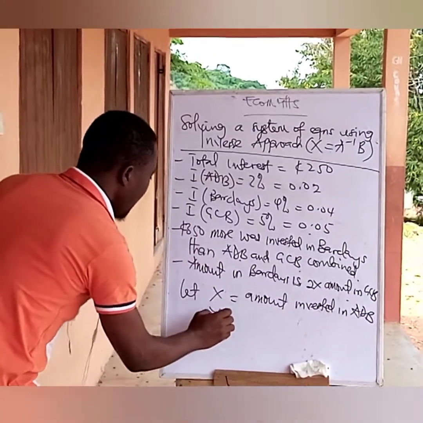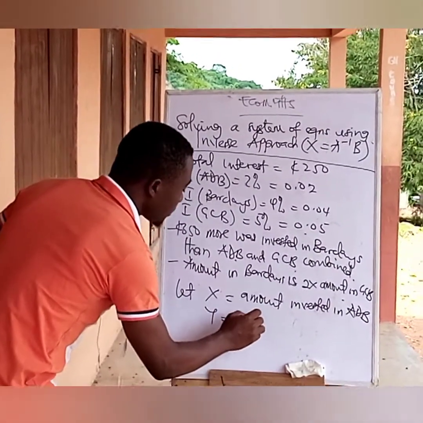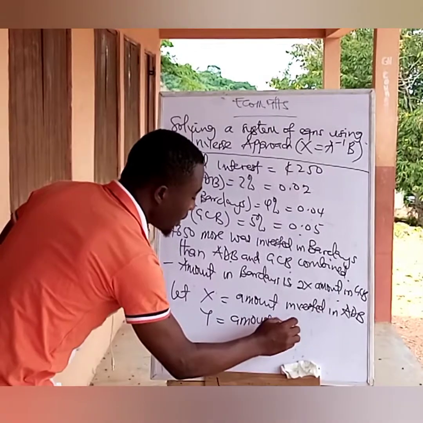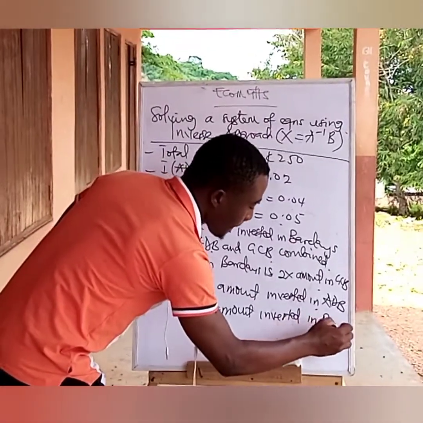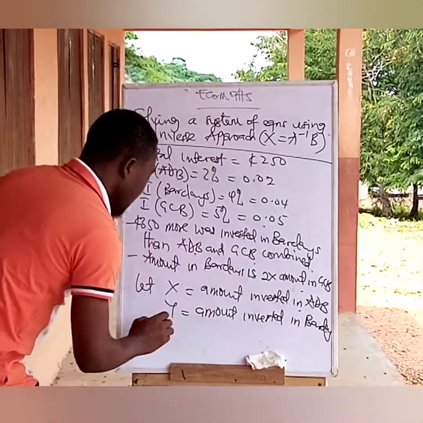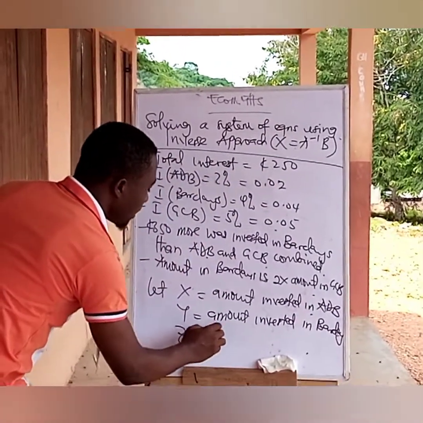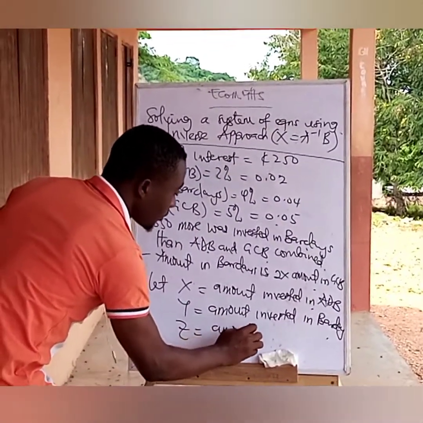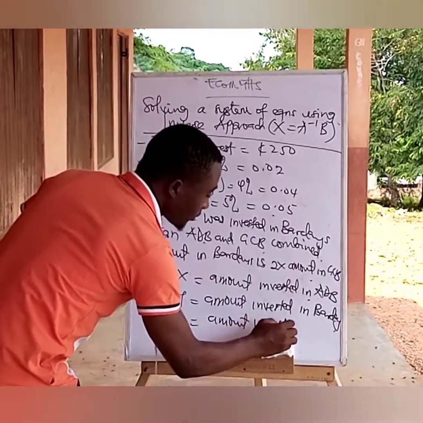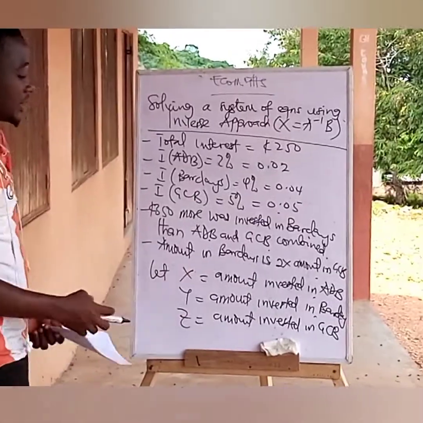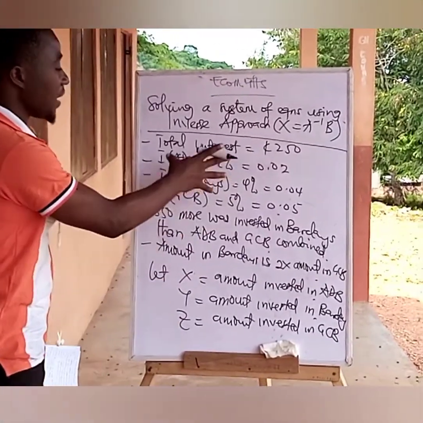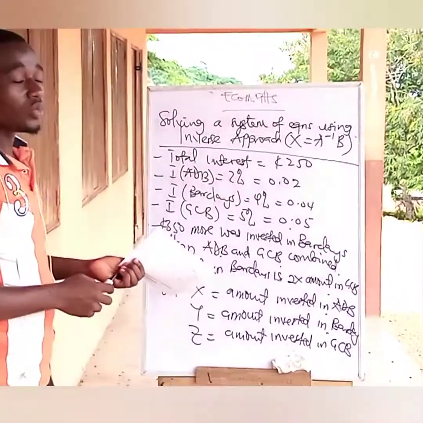Then let Y equal the amount invested in Barclays. And then let Z represent the amount invested in GCB.